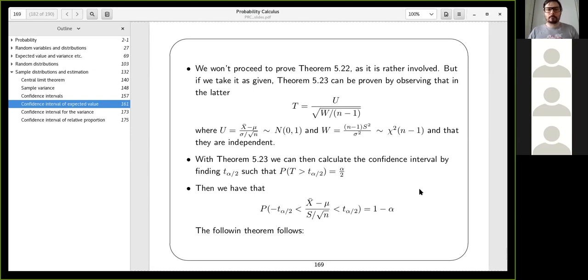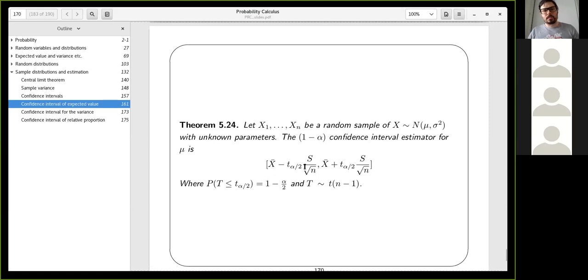All right. Let's move on to the actual confidence interval. This looks almost exactly the same as the confidence interval that we had when we knew the variance, but now we don't know the variance, and we are using the sample variance, s squared, and the square root of that. And here we use t, which doesn't have the N(0,1) normal distribution, but instead the t distribution with n-1 degrees of freedom.